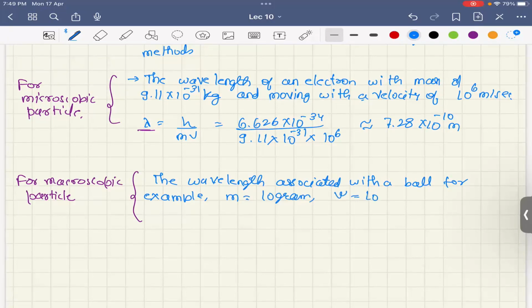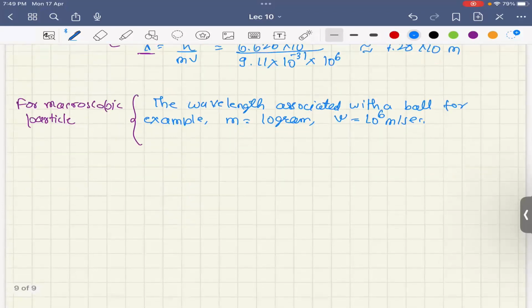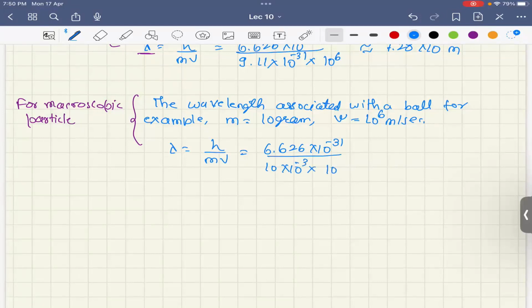Let's say the velocity is 10 raised to power 6 meter per second, right? So for that, lambda is h by mv, which is 6.626 into 10 raised to power minus 34 divided by 10 into 10 raised to power minus 3 multiplied by 10 raised to power 6, which comes out to be 6.63 into 10 raised to power minus 38 meter.